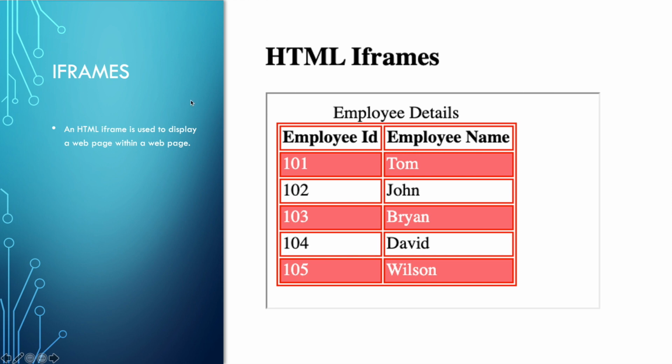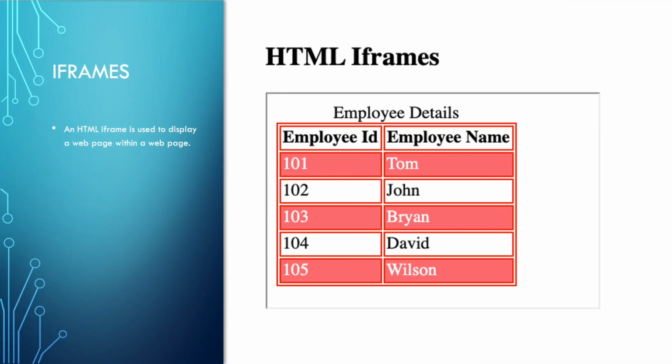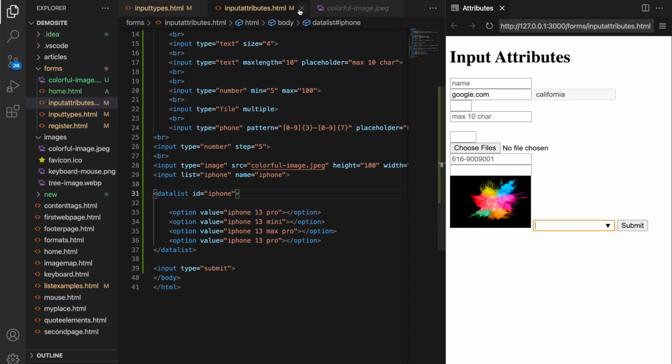And now let's understand another important concept, iframe. Iframe is very easy. So what is an iframe? Iframe is nothing but inserting a web page inside another web page. Okay, iframe is used to display a web page within a web page. So let's see one example here.